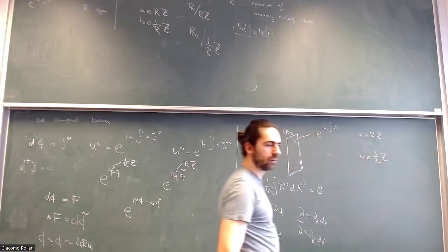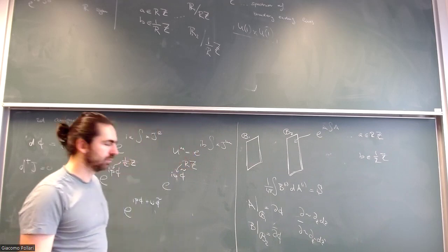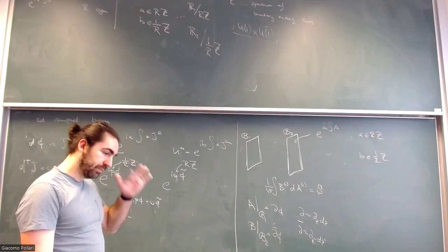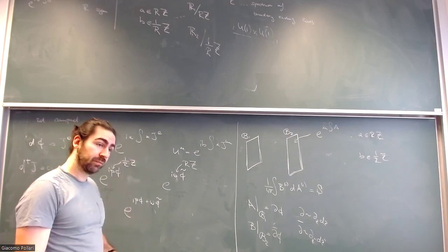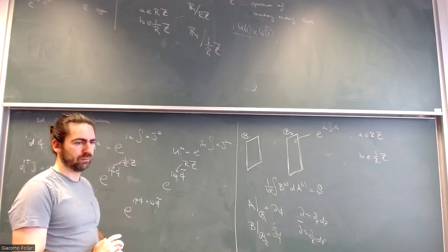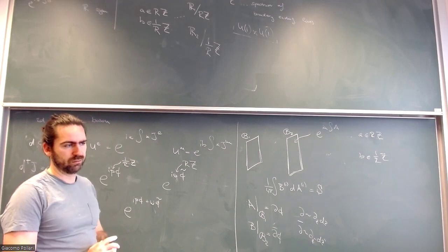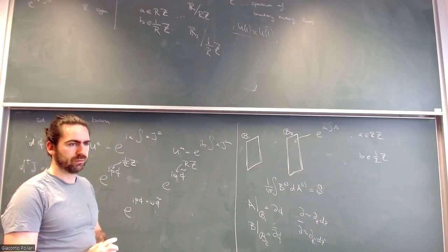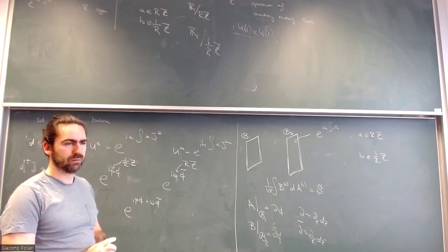If you have this action, how come the boundary conditions are so symmetric? Like if you're calculating, varying to get the equations of motion, when you're varying with respect to A, that piece will have to be partially integrated to get the equations of motion.